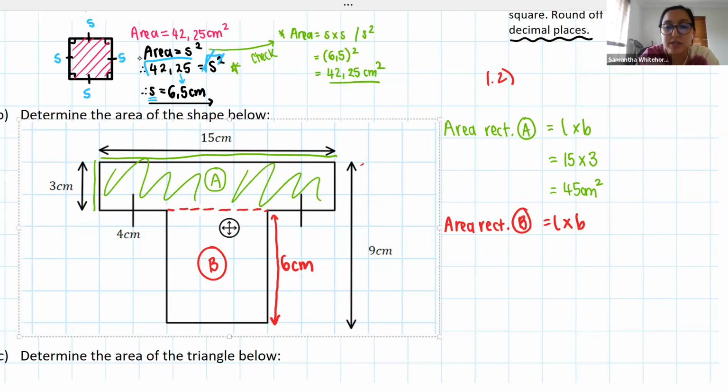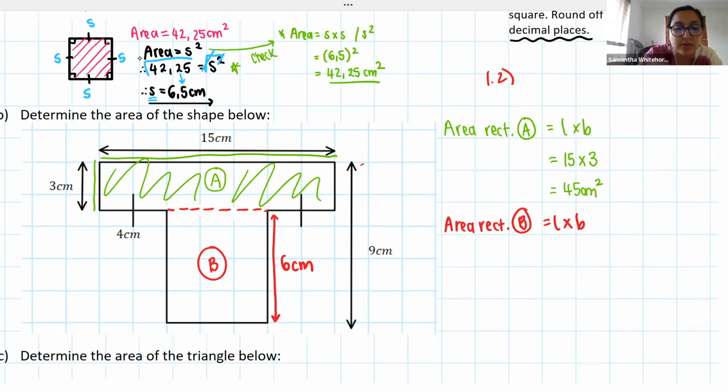So again, we use the information that we have in order to work out the missing dimensions that we need. Now we've got the length, that's 6 centimeters. We now need this width at the bottom. We know that the whole width is 15. These little bottom overhangs are each 4 centimeters, and I know that because of this line on them telling me that they're equal.